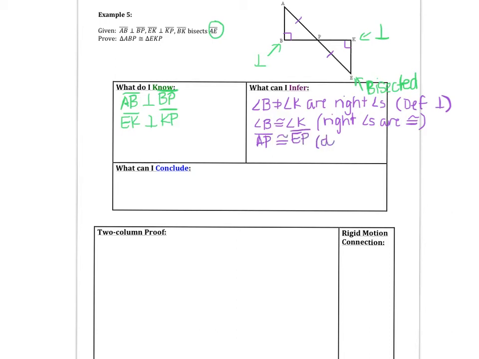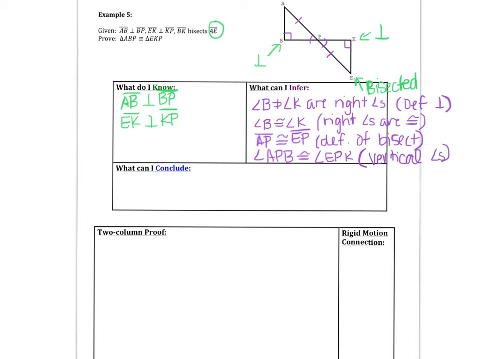And I'm using the definition of bisect. I used that definition to get that information. Alright, and then the last thing is that I see that angle APB is congruent to angle, so if I go APB, then I have to go EPK. And I knew that because of vertical angles.